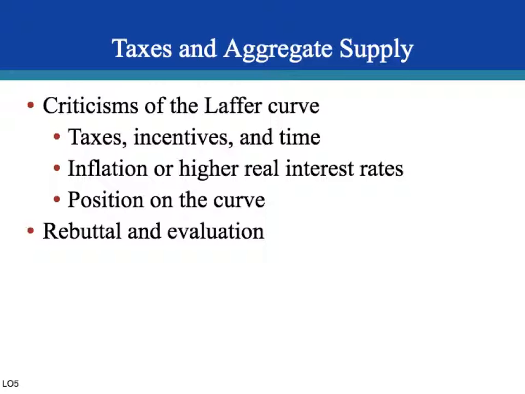Now, economists do agree that the Reagan tax cuts did help the economy because it was just coming out of a severe recession from the 70s. And so tax revenues actually increased despite the lower tax rates because the economy expanded and so more people were working.